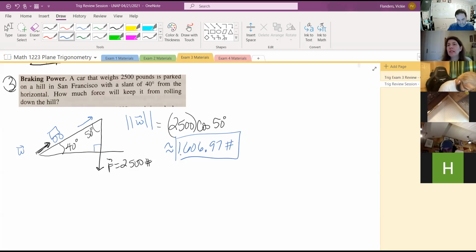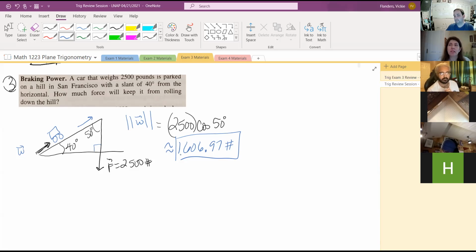So obviously, the force is less than the weight of the car. I can kind of figure out it's close to 1,600, but it's not the total weight of the car, so it should be less.